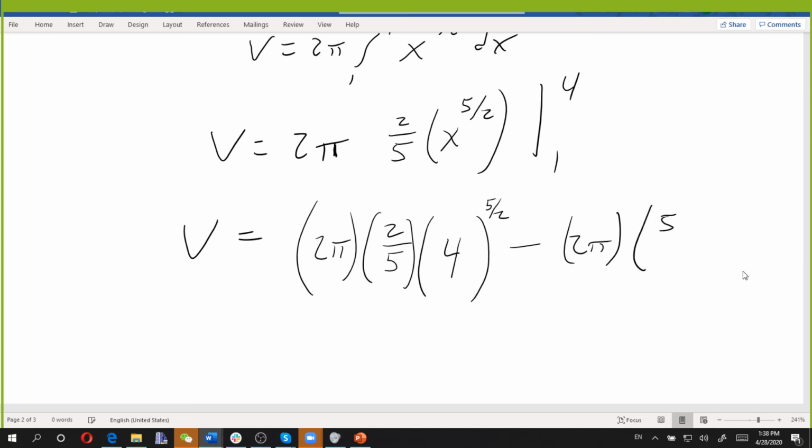2 pi multiplied by 2 over 5. Oops, sorry, 2/5. And multiplied by 1 to the power of 5/2. Okay, so if I needed to know 4 to the 5 halves power, what would you do first?